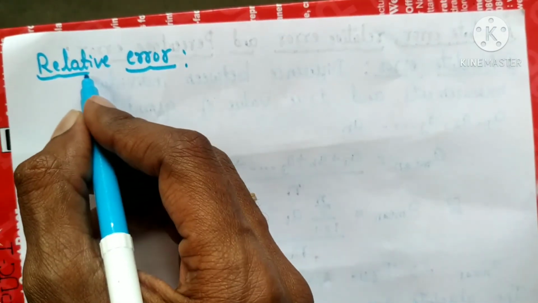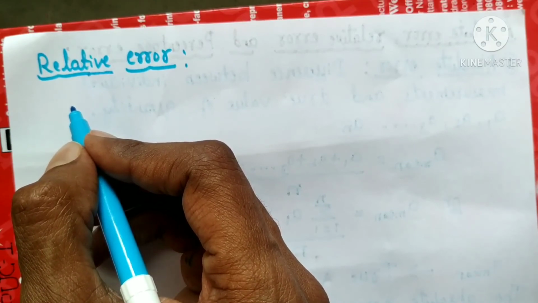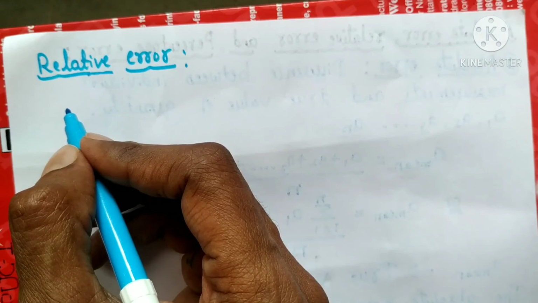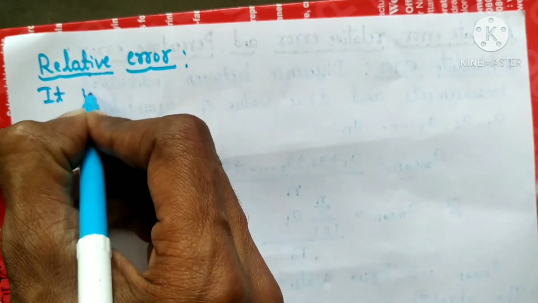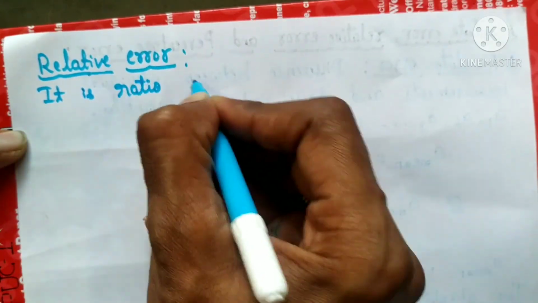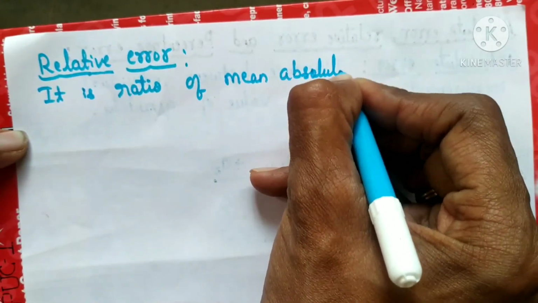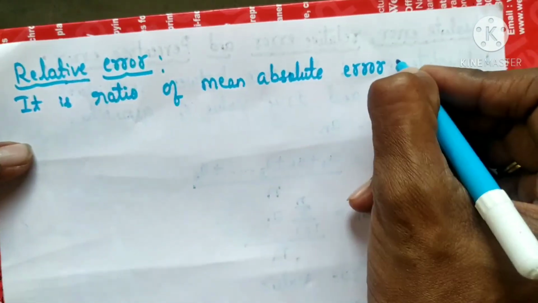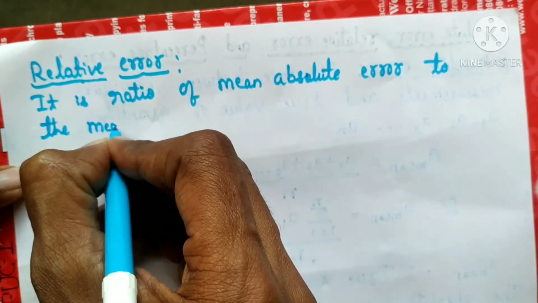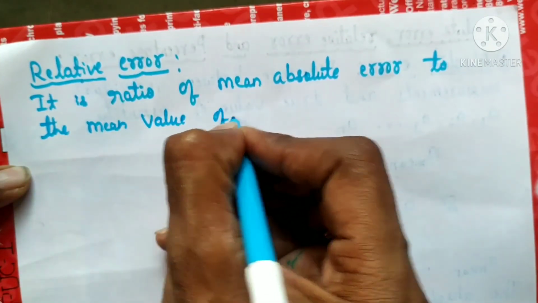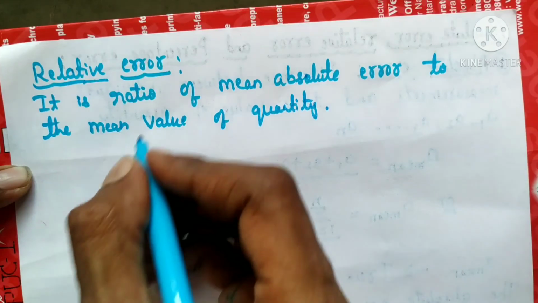Relative error means the ratio of the mean absolute error to the mean value of a physical quantity. That is relative error.